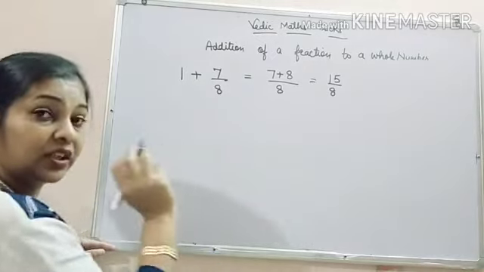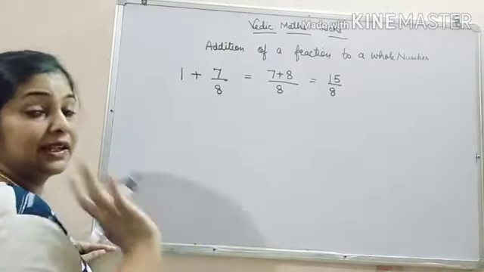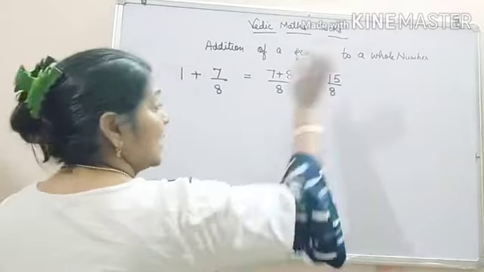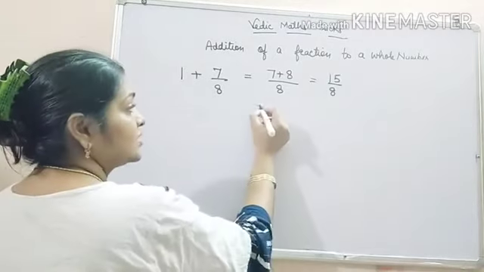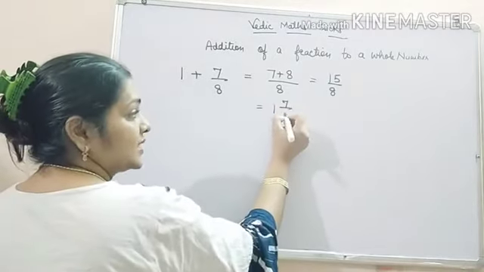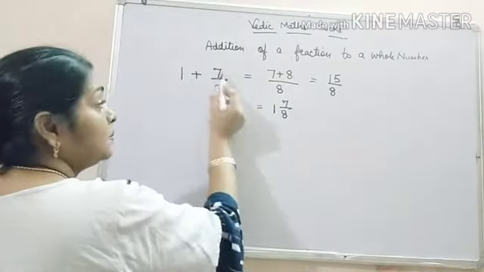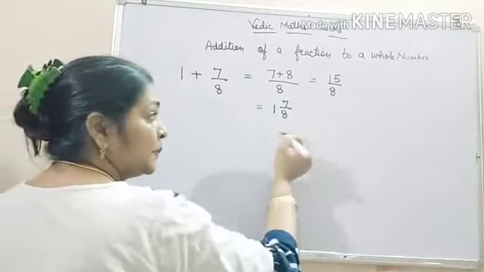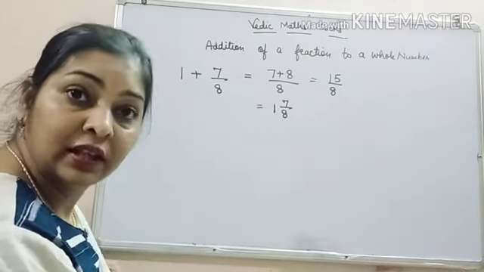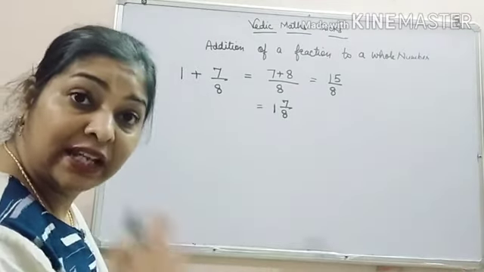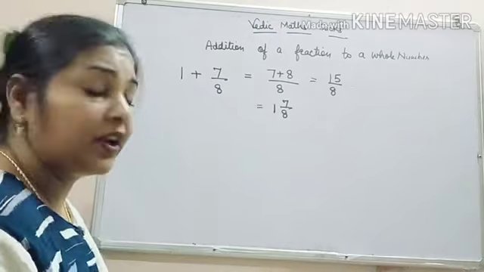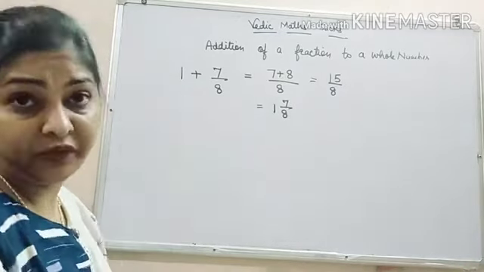Conversion to a mixed fraction is even easier than this. You need not do anything with it. Just write 1 and 7 by 8. Actually, this 1 plus 7 by 8 is the expanded form of this mixed fraction, or we can say that it is another way of writing a mixed fraction.